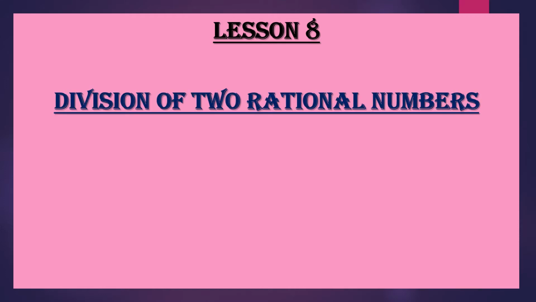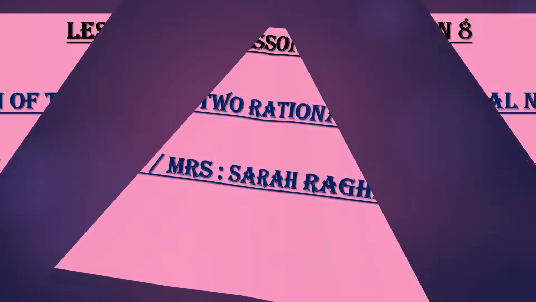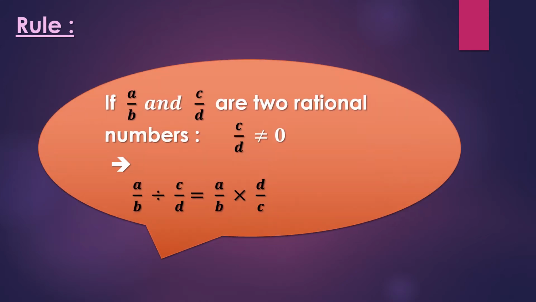Hello, our dear students. We are going to study lesson 8, the last lesson of unit 1 in algebra, the division of two rational numbers. A over B and C over D are two rational numbers, such that C over D is not equal to 0.